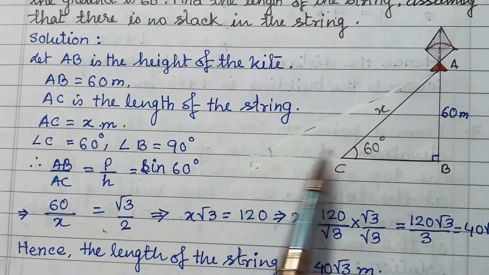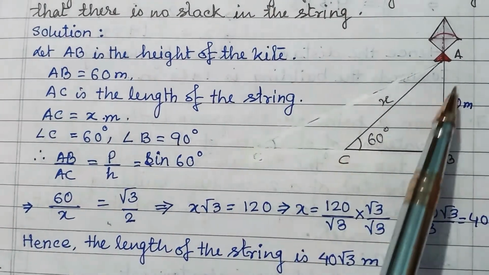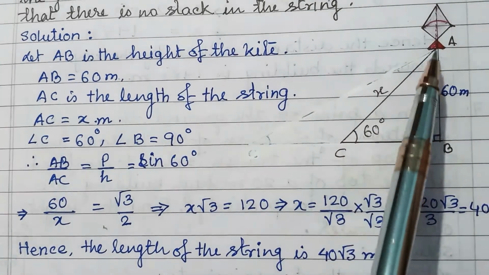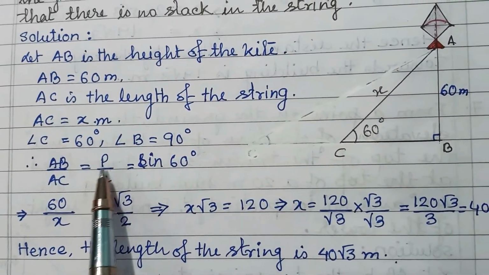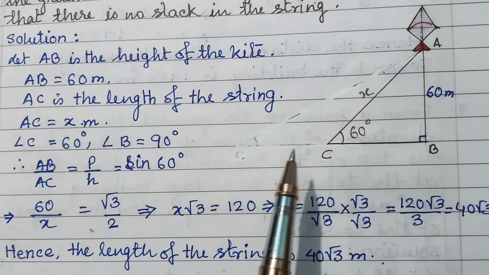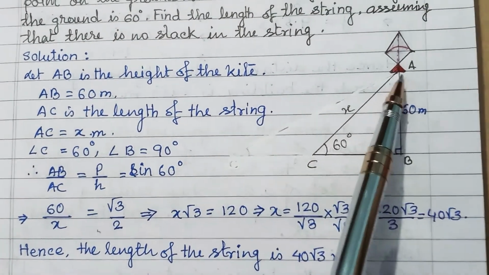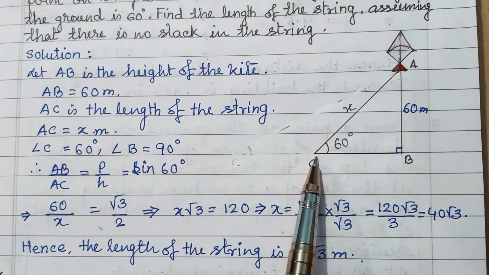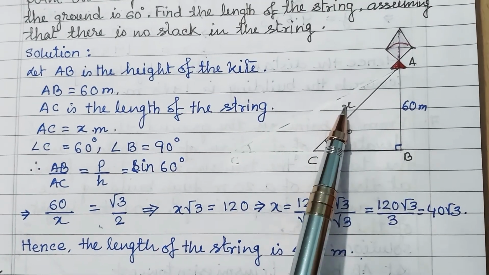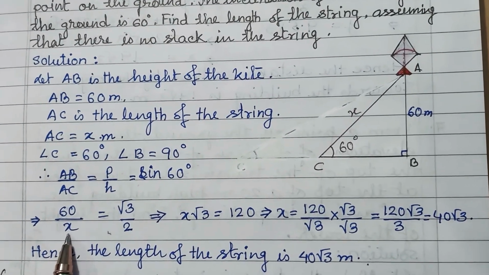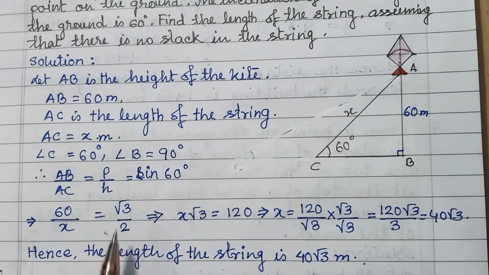Next, in triangle ABC, base is not given, so AB upon AC, perpendicular upon hypotenuse, is sin 60 degree. So 60 upon x is equal to root 3 upon 2.